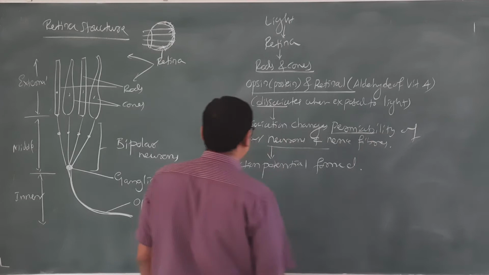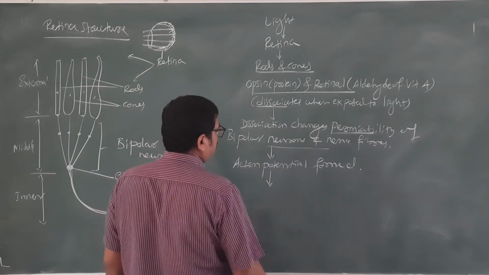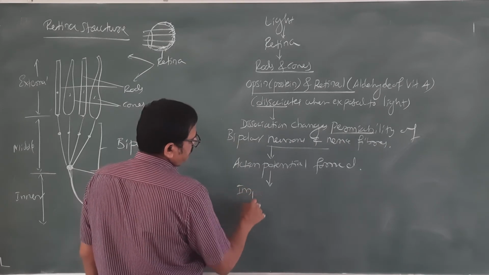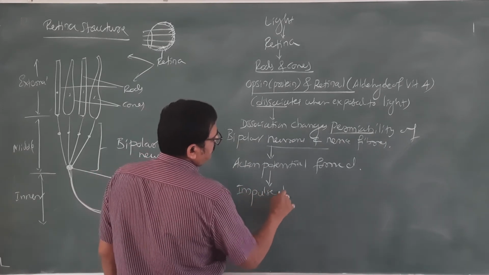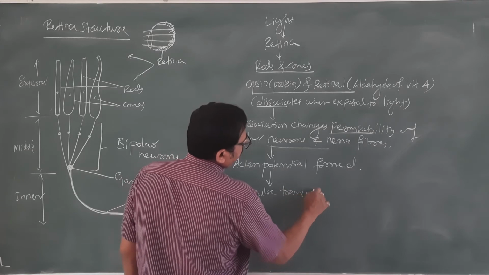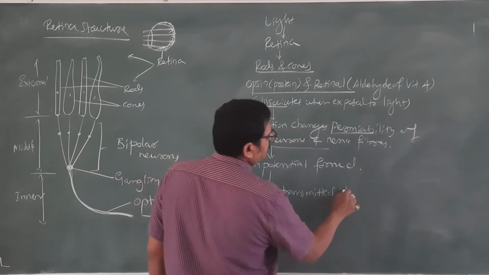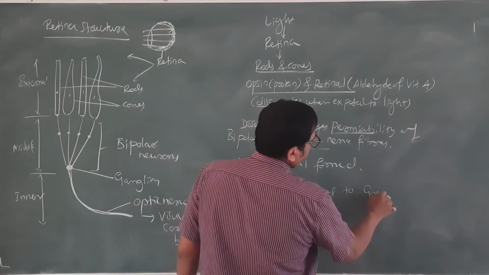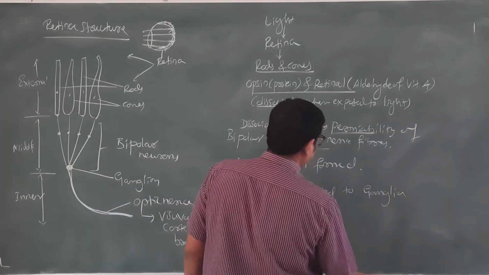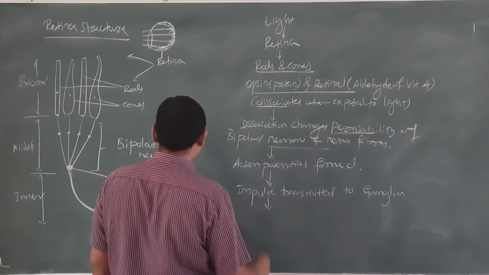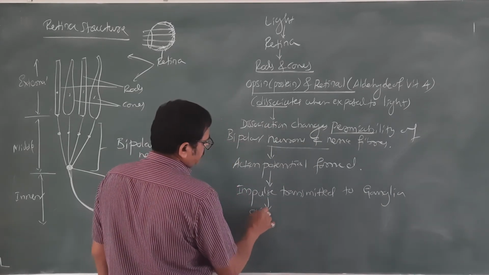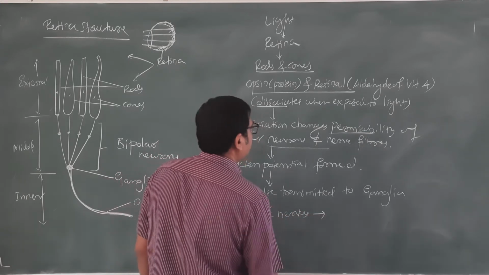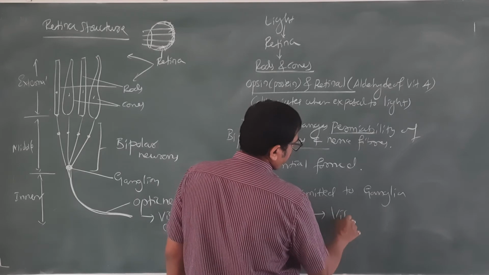This action potential further travels, so the impulse is transmitted to the ganglia, then to the optic nerves, then to the visual cortex of the brain.